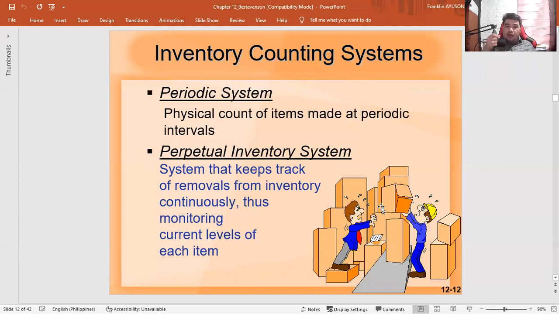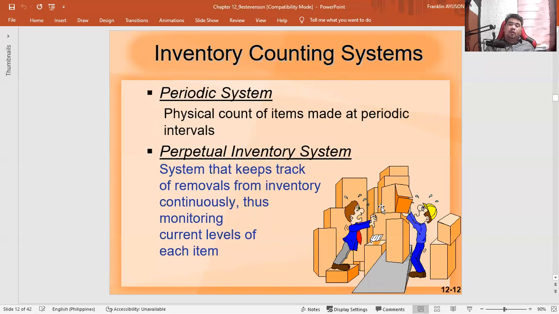Ibig sabihin, we are counting it, binibilang natin siya isa-isa periodically. So, for example, probably nakapunta ka na sa Mercury kung saan katutak na post-it, yung nakalagay, bawat isang SKU, nag-inventaryo sila nun. Ibig sabihin, binibilang nila isa-isa. In a periodic system.